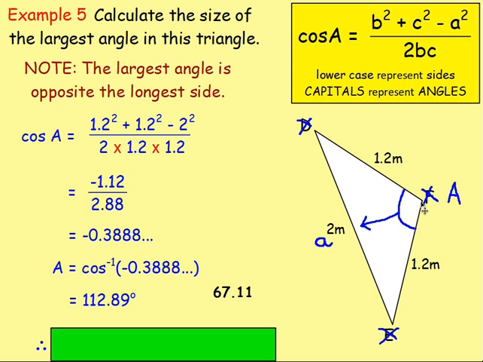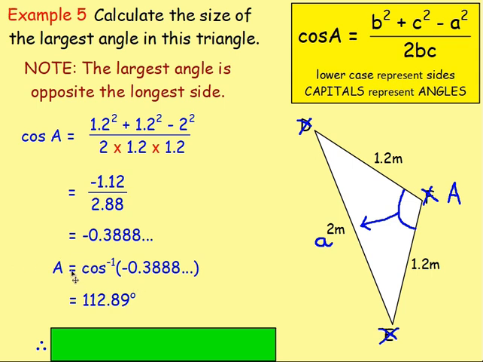That's an acute angle. This is clearly not an acute angle, so you would then take that away from 180. I'll often say in the question, work out the size of the obtuse angle, and it'll be clear if you ever get it in the exam. If it is, just include the negative and go straight to the answer, make sure it's obtuse, or ignore the negative and get the acute, and once you've got the acute, take it away from 180. It doesn't matter which way you're doing it.